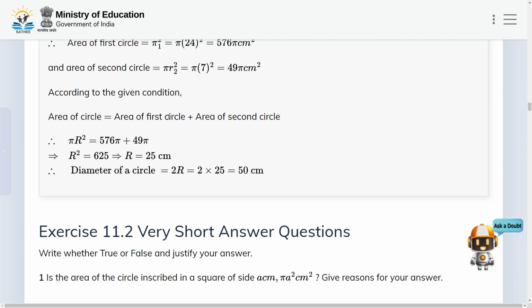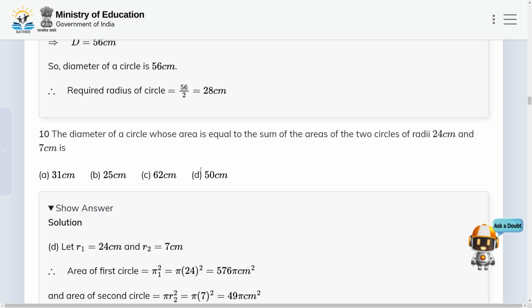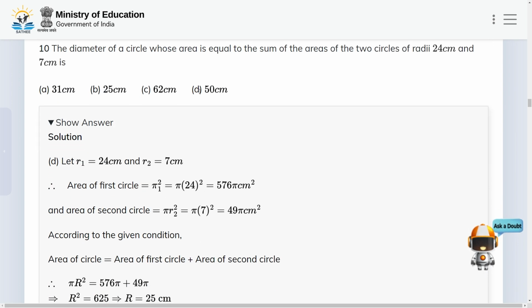Therefore the diameter of a circle, that is 2 times r, is equal to 2 times 25, that is 50 centimeter. So the diameter of a circle whose area is equal to the sum of the areas of two circles of radii 24 centimeter and 7 centimeter is 50 centimeter. So here the correct answer is option number D.